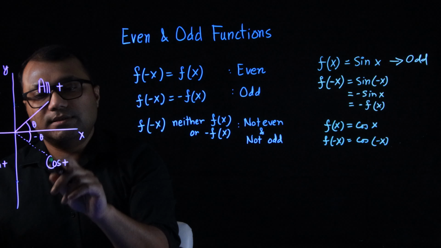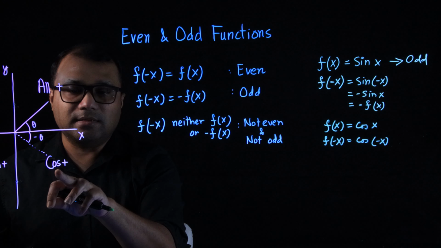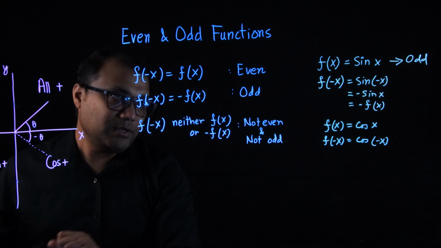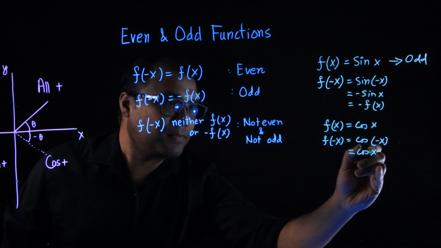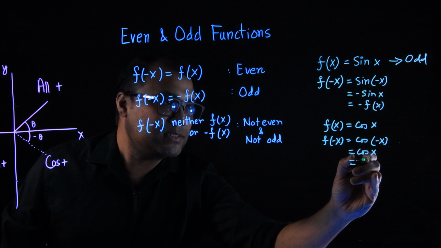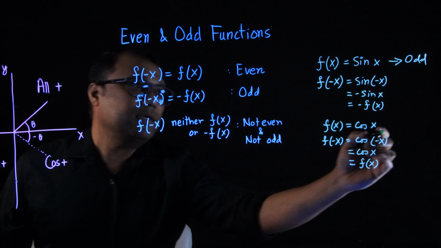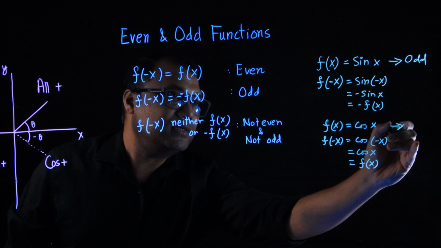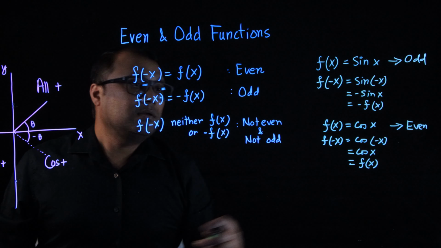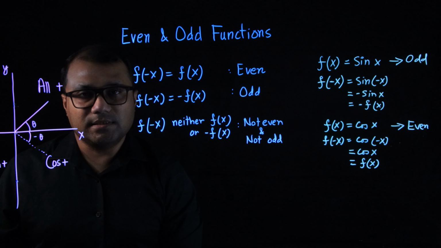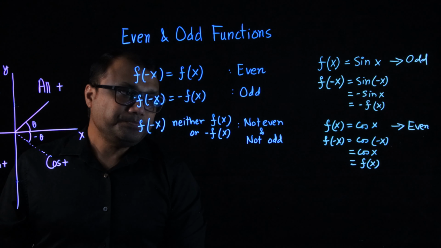Now cos of minus theta, the angle is in this quadrant, and in this quadrant cos is positive, which means this will be equal to cos x. So f of minus x is equal to f x. So what that means is cos x is an even function. It is as simple as this, how you can find out whether a function is odd or even.